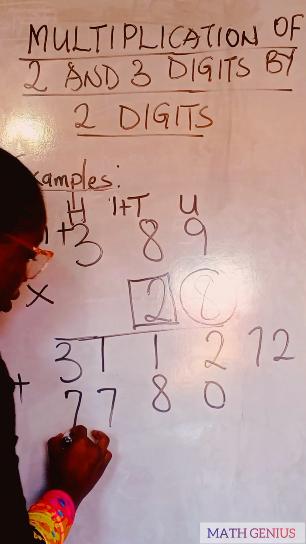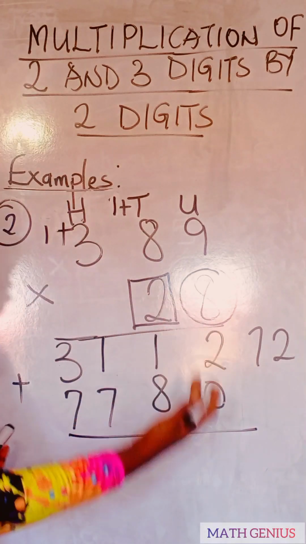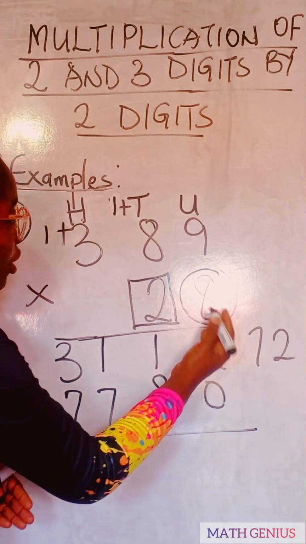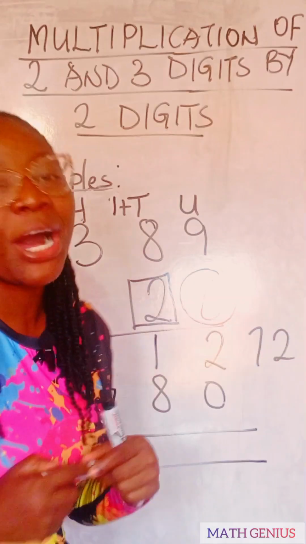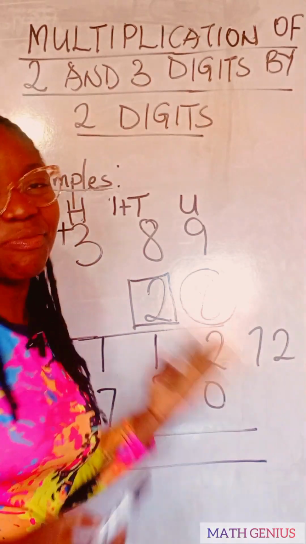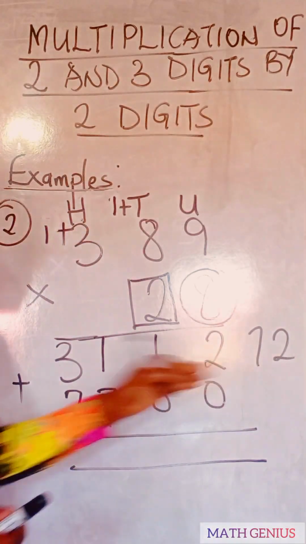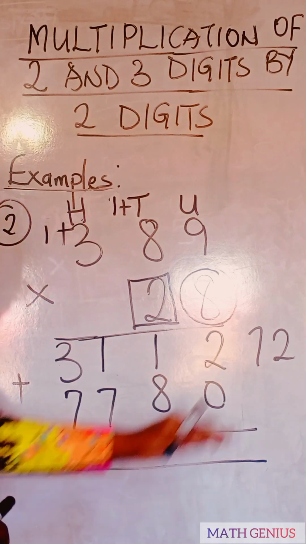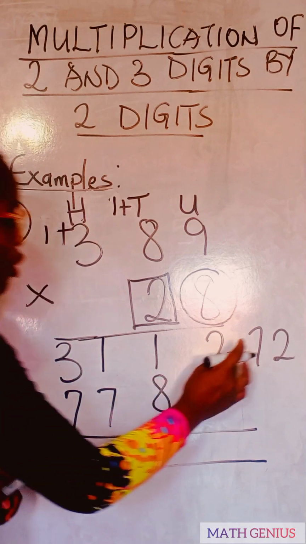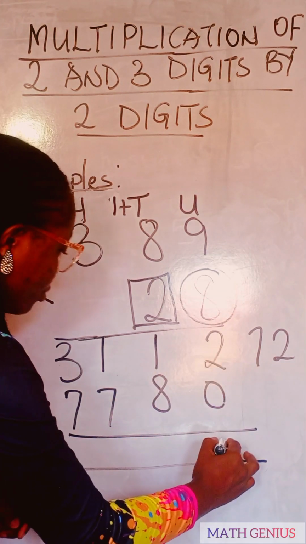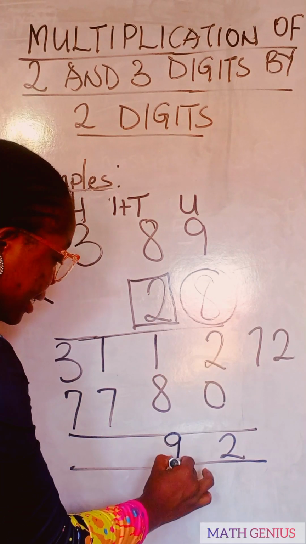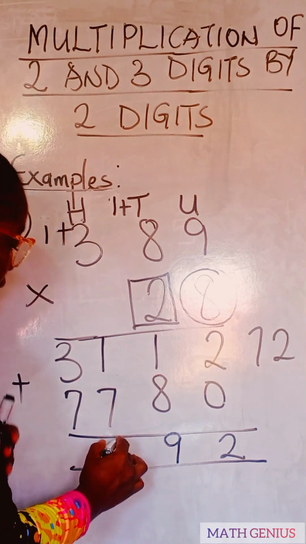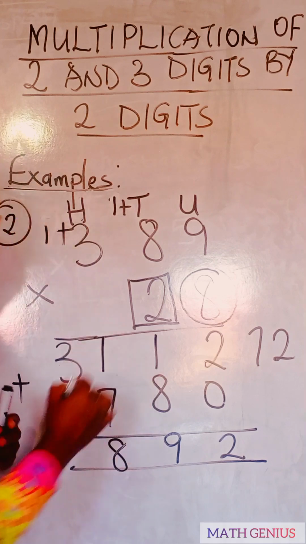Because 0 stands for nothing, you can just cover up the space so that unit will not feel intimidated, will not start crying and say, oh, I'm just left alone. So you can help unit to have a complete place there. You put 0 there. 2 plus 0, 2. 1 plus 8, 9. 1 plus 7, 8.